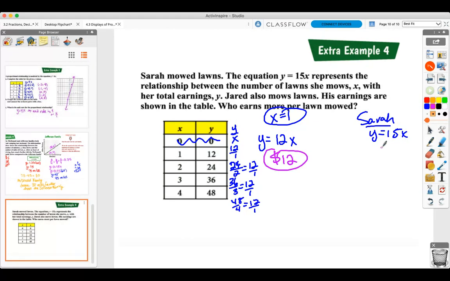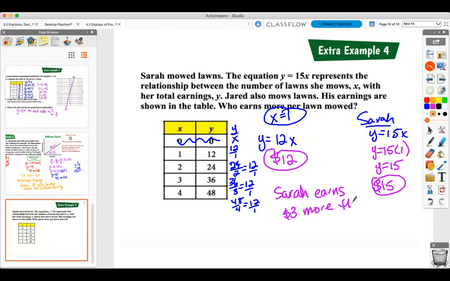For one lawn mowed here, that's y equals 15 times 1, and y equals 15, so that's $15. So that means Sarah earns more. Sarah earns $3 more than Jared for each lawn mowed.